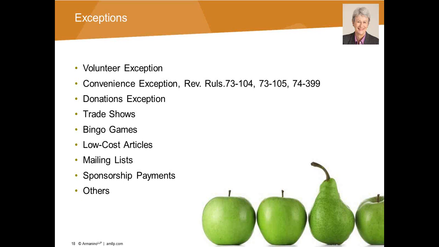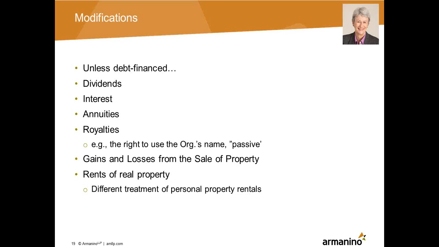And in addition to the exceptions, we have items that are known as modifications. So before we talk about the modifications, I need to say 2 things. The first is that debt financing can change everything. So that's why it says unless debt financed, and it has that list of items there.